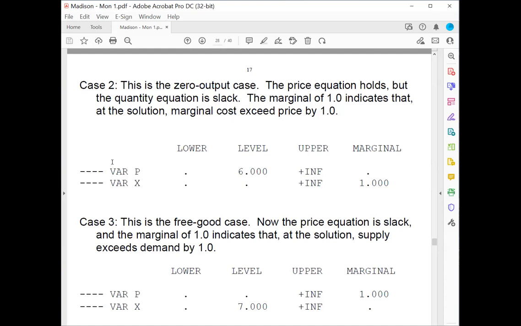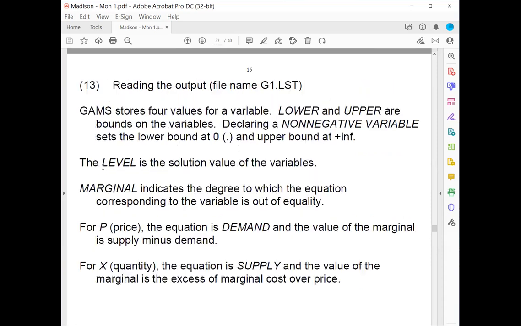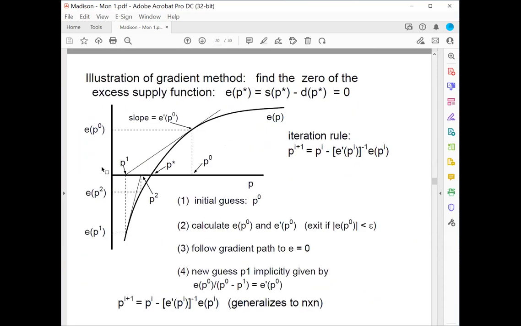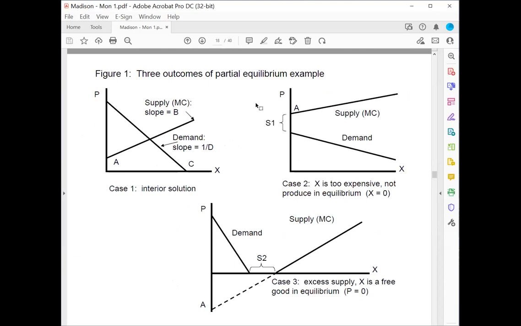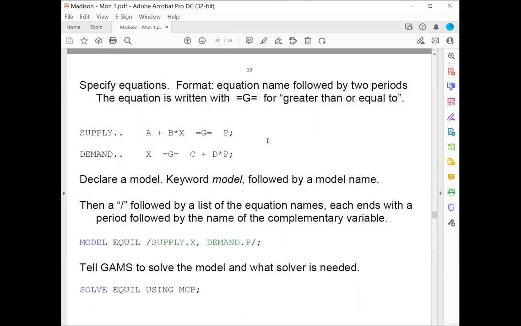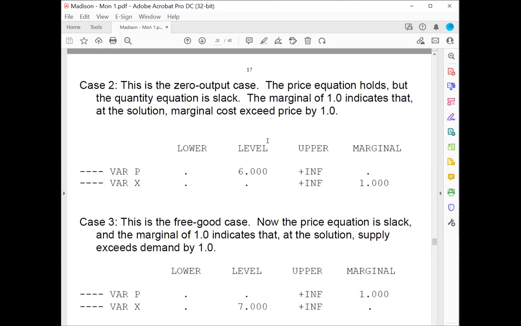But there's a positive marginal. And the numerical value of that positive marginal is exactly the imbalance in the equation, or the inequality, at the solution, which turns out to be exactly 1. It's not an indicator 1, it's a numerical value of that solution.